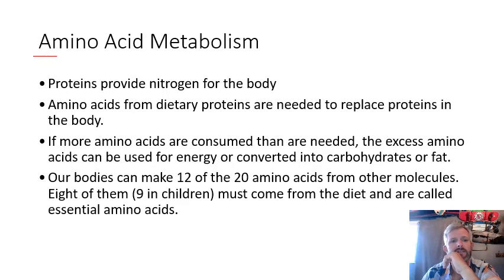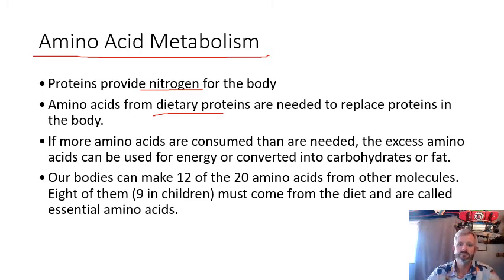All right, so lastly, we'll look at amino acid metabolism. Amino acids have amino groups, so they provide nitrogen for the body. Dietary proteins allow us to build up muscles. This is the last line of energy source. We want to conserve our lean muscles because we need them for movement and so forth.